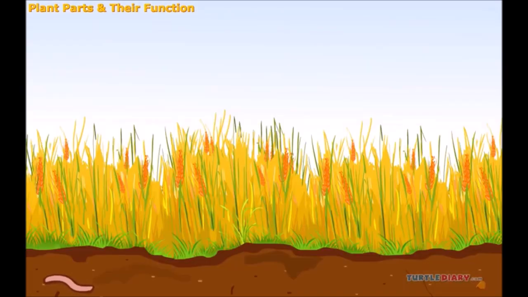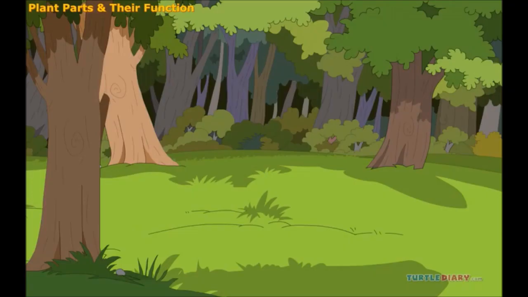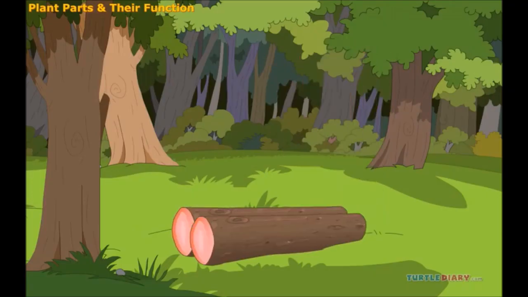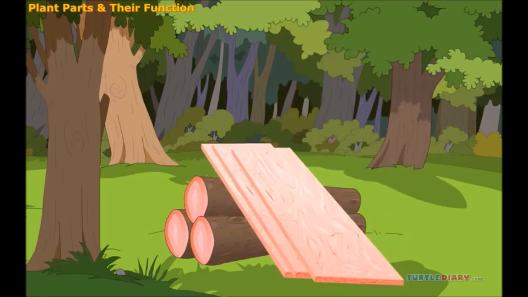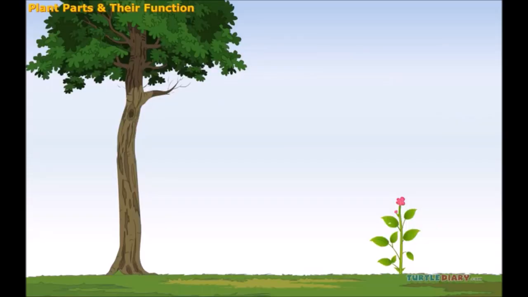The seeds from wheat are ground up and made into flour for our bread. Tree farmers grow trees to use for boards and paper and many other things. Plants both big and small are important to people and our world.